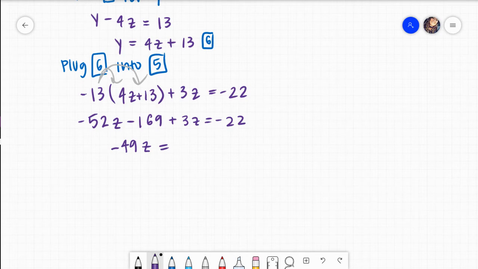Over here, signs would be different, I would subtract, keep the sign of the larger. And then last step, if you divide both sides by negative 49, what you get is z equals negative 3. Okay, so this is going to be my star. That is going to be the answer for the variable z.